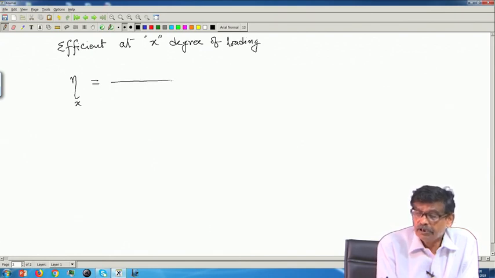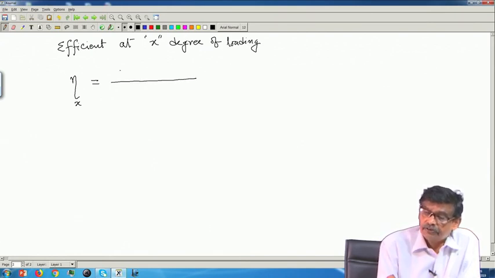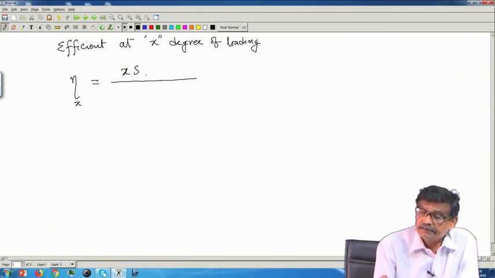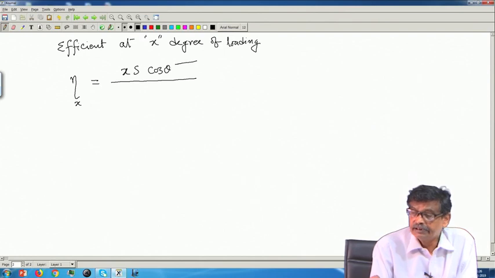What is the output kilowatt? At x degree of loading, the output kVA is x S, so the output is x S cos theta. What is this cos theta?